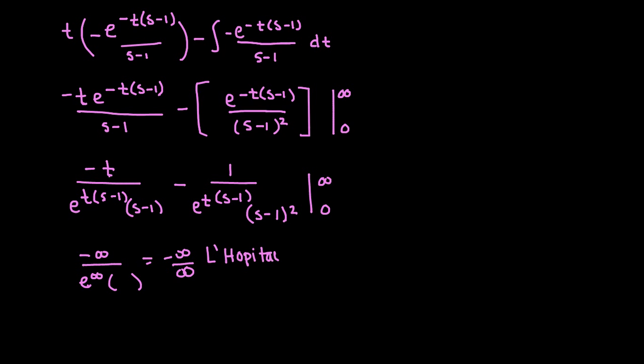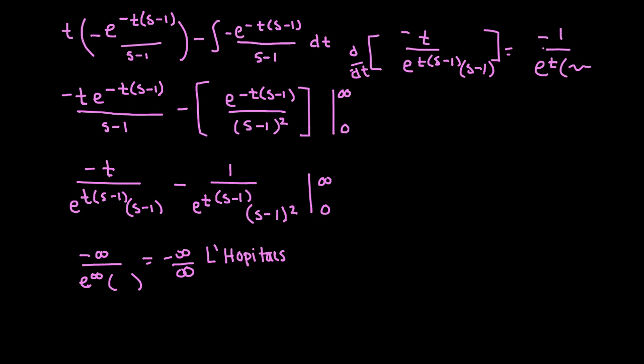Using L'Hopital's rule, you're going to take the derivative of both the top and the bottom. So taking that negative t over e to the t times s minus 1 all over s, or times s minus 1, I'm going to take the derivative of this, d over dt, and that's going to equal negative 1 over e to the t.